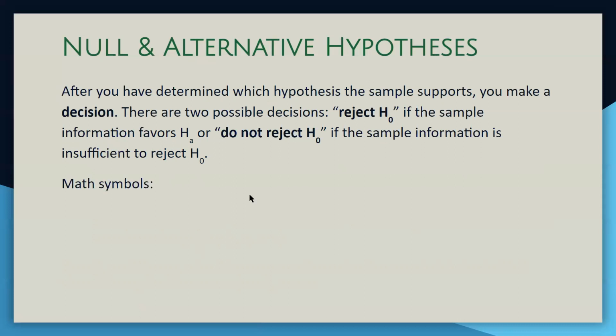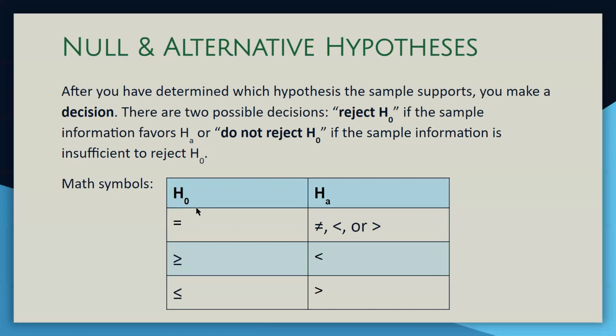A couple signals. So if your null is equal, which is my default, you will see either not equal, less than, or greater than as your alternative. If your null is greater than or equal to, your alternative should be less than.